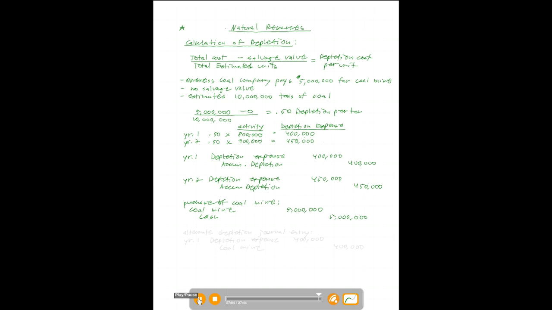Okay, so the alternate way of working with your journal entry is, instead of crediting accumulated depletion, you would credit the coal mine. So the alternate depletion journal entry for year 1 would be debit depletion expense for 400,000 and credit the coal mine for 400,000. So you don't have an accumulated depletion account in that case.